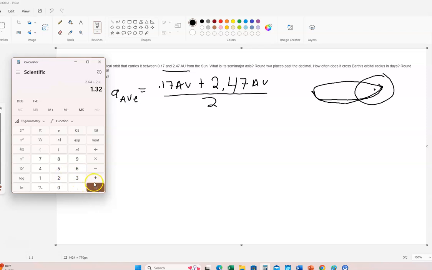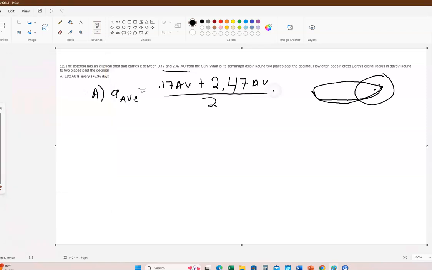So the answer to part A is 1.32. On average, it's 1.32 astronomical units from the sun, because it's varying between these two positions, 0.17 and 2.47.